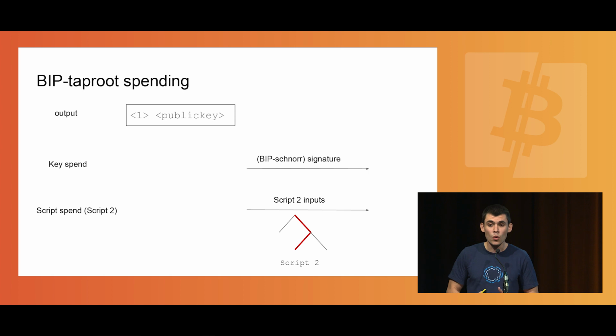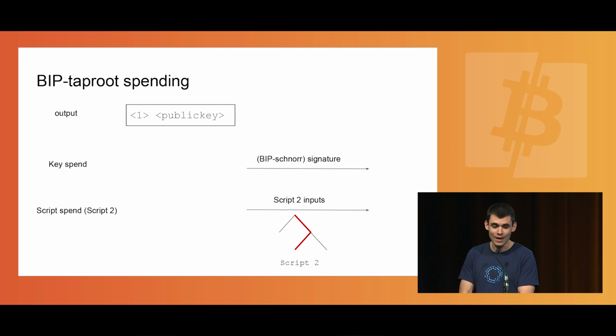Now what happens if you want to spend such an output when you see it? There are essentially two ways to spend this output. There's the key spend, which means that you just provide a BIP Schnorr signature for this public key that is directly in the output, or you do a script spend. And you do that by first showing the script that you've committed to.